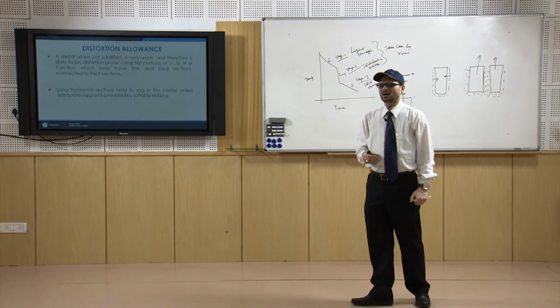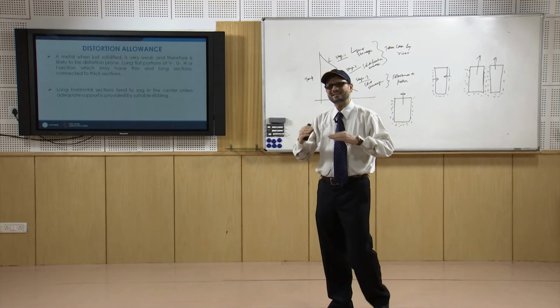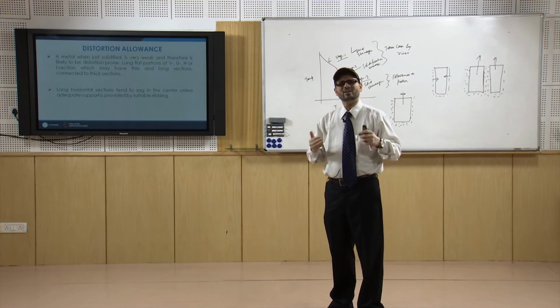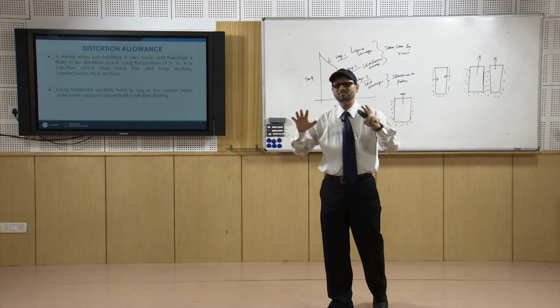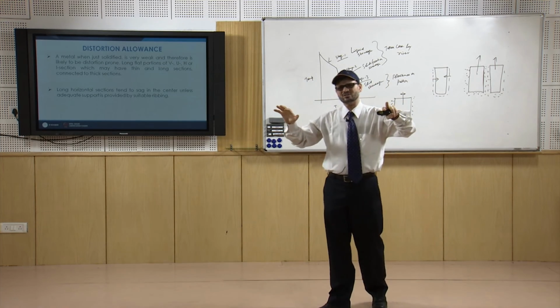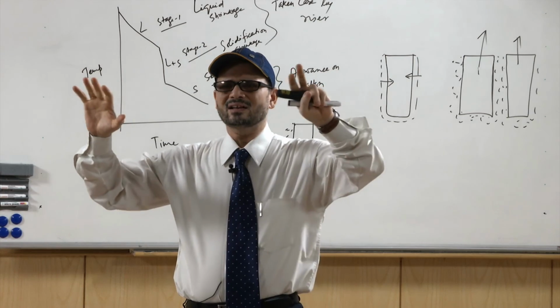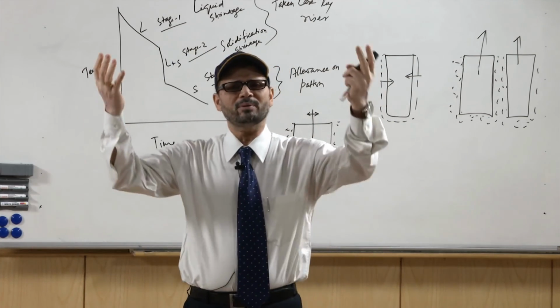Then another variety is distortion allowance. There are certain cases when there is automatic distortion of certain parts of the casting. Due to the shape of the casting, certain parts either get bowed down or may be bowed in the upper side.